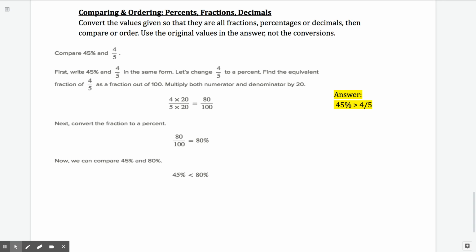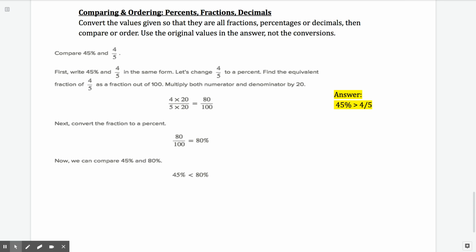So what you do is you leave 45% alone. That just drops all the way down to the answer. Then you're only working with the 4/5, and you just do what we've been taught, converting it to a percent. So what are you doing? This is a fraction. You're going to go to a percent. Okay, so I'm looking at the 5, and I see that this 5 is actually a factor of 100.